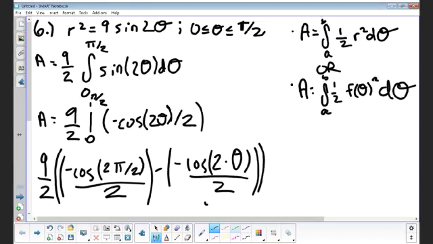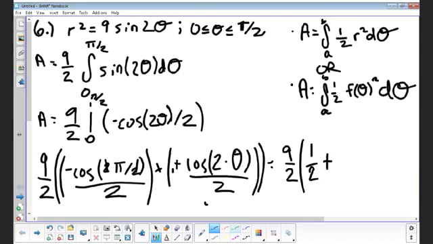Okay. All right, this simplifies to 9/2 times, the 2's cancel. We have the cosine of pi, which is -1. However, we have a minus already in the numerator, so we just get 1/2, minus cosine of 0 is 1, so we'll have a negative 1/2, but minus is equal to plus.